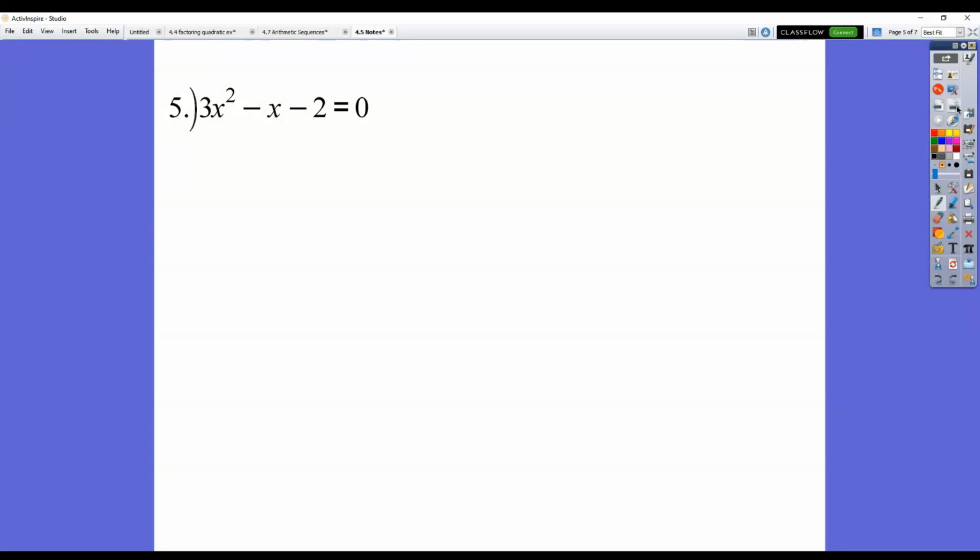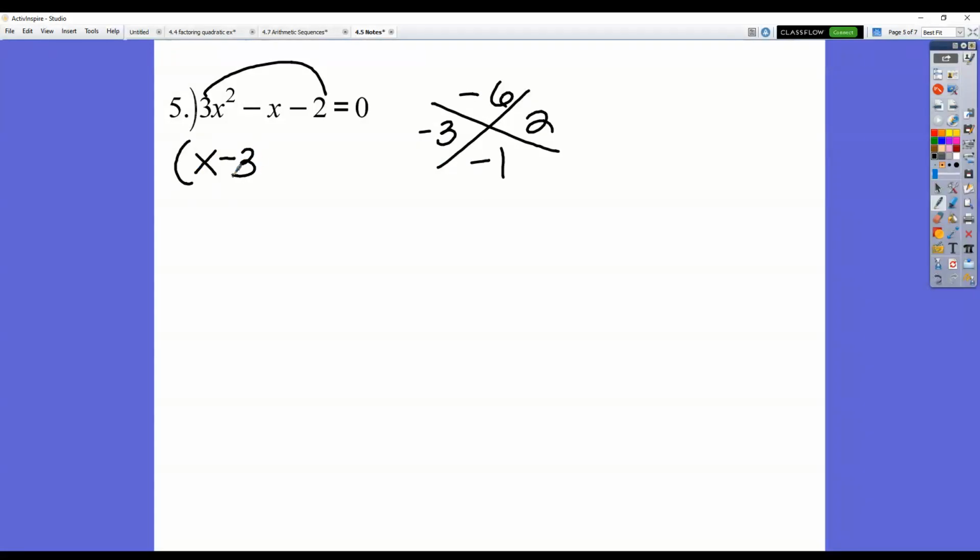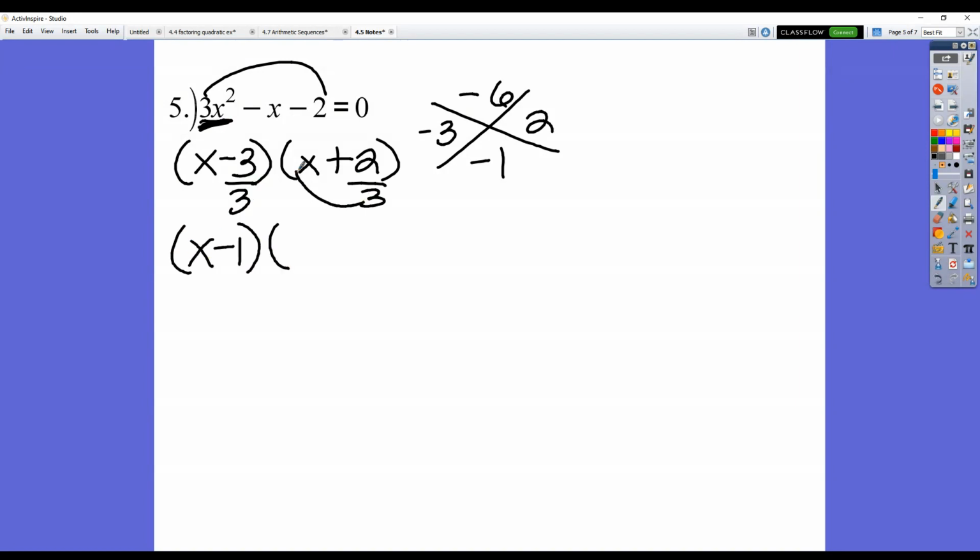This one, we can't factor just using the x. We're going to have to do slide and divide. So you take first times last, and multiplies to -6 and adds to -1. Well, that's -3 and +2. And then don't forget, you got to divide by a, which is 3. And over here, slide that over.